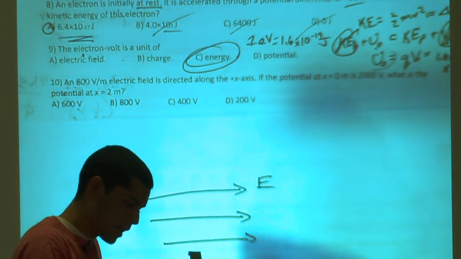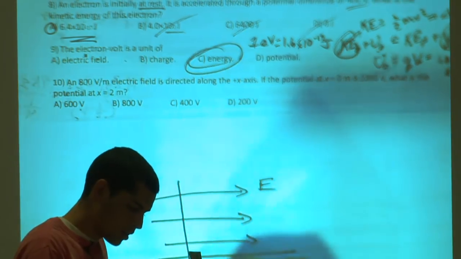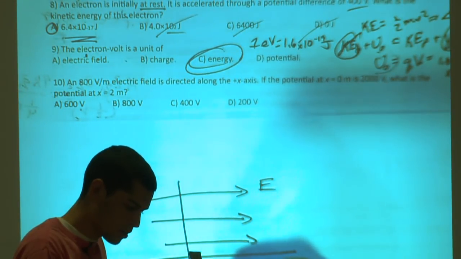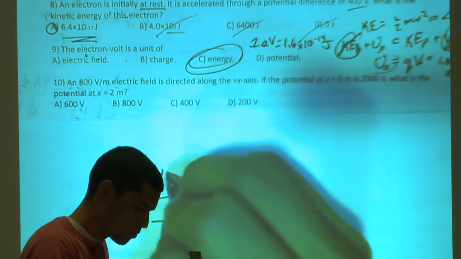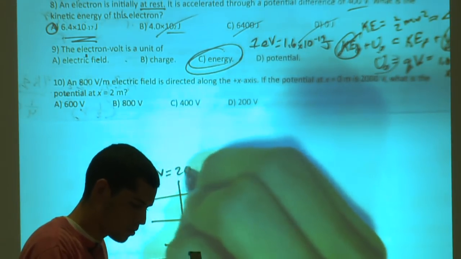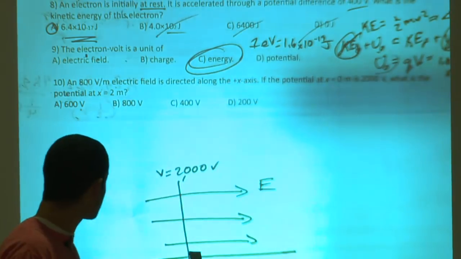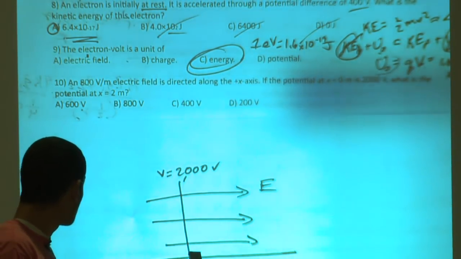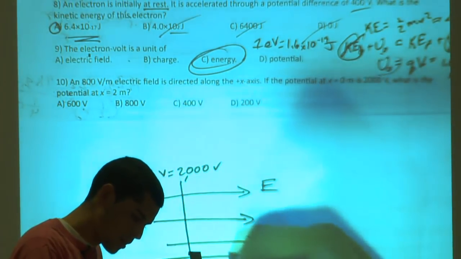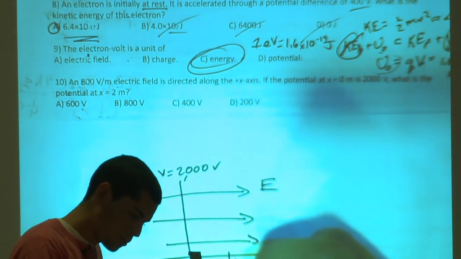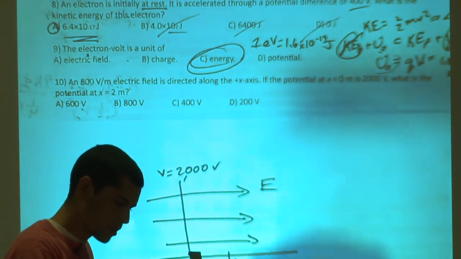If the potential at x equals 0, here's x equals 0, is 2,000 volts, so V equals 2,000. What is the potential at x equals 2 meters? So let's say we come here, x equals 2 meters. What are we going to do?